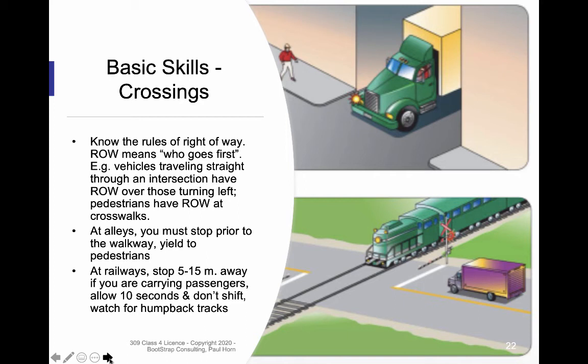You might even see places where people's cars have hit the pavement and caused large gouges. You don't want that to happen because it's very bad for the vehicle and for the passengers. So you want to make sure you have 10 seconds and that you're slow. If you're in a standard vehicle, don't shift while crossing the track because there's no easier time to stall out than when you're shifting.